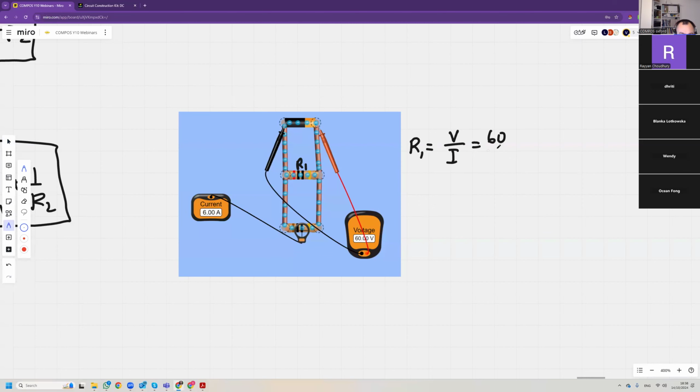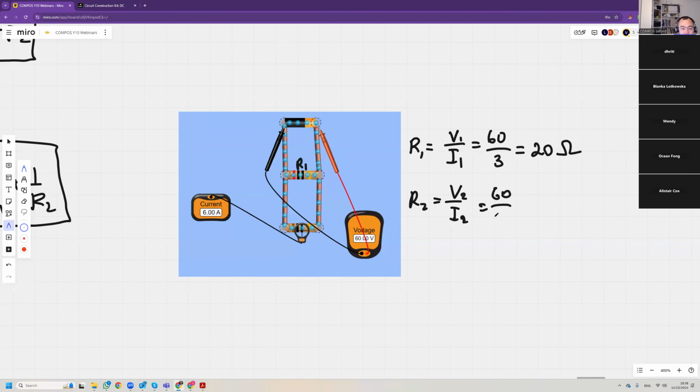So that's 60 volts divided by the current, which was 3, and that makes 20 ohms. R2 is voltage V2 divided by current I2. So it's 60 volts divided by I2, which is 6 amps. And that is 10 ohms.